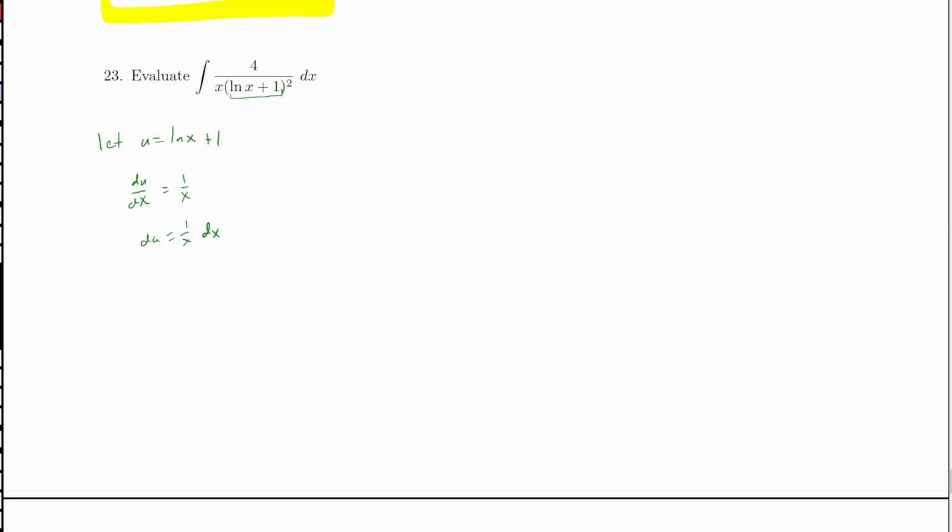And I kind of have that, right? If I rewrite this x that I have in the denominator, kind of off to the side, just rearranging, right? So there's nothing special about the order of multiplication. X times stuff is the same as stuff times x. Okay, so this 1 over x dx is going to become my du.